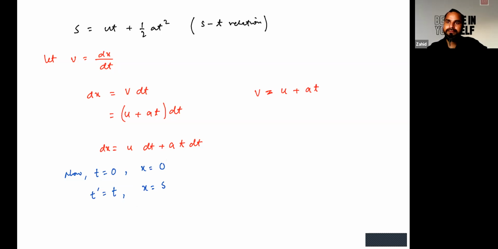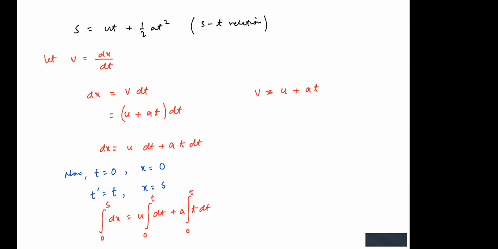We have dx is equals to u times dt plus a times t dt on integration, with limit of t from 0 to t, and displacement from 0 to s. Just integrate this part, put in the limits, and simplify. You will definitely get this result. Okay, Anzam? Yes, sir. Okay, try to solve.